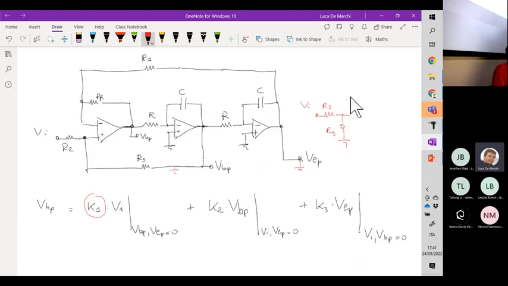Then this is the input of the op-amp, the positive input. Then we have the feedback loop through RF, and R1, which is connected to RF, is also grounded in the second terminal.